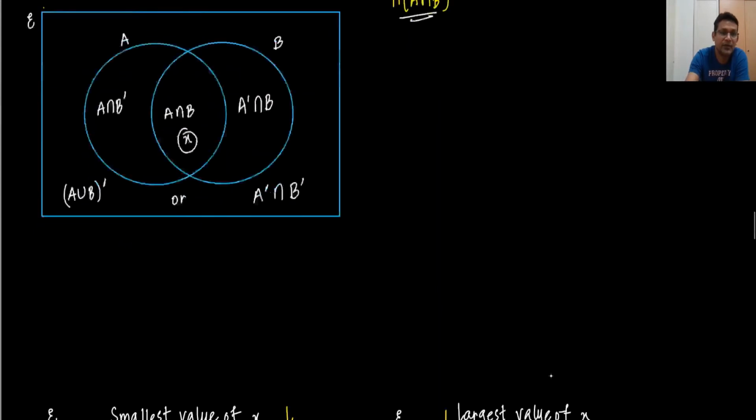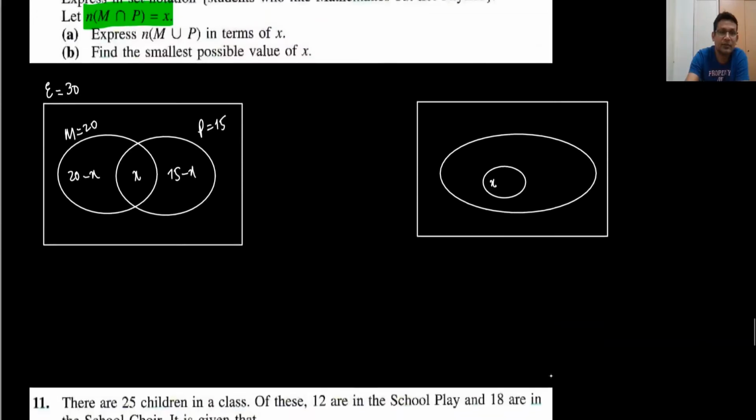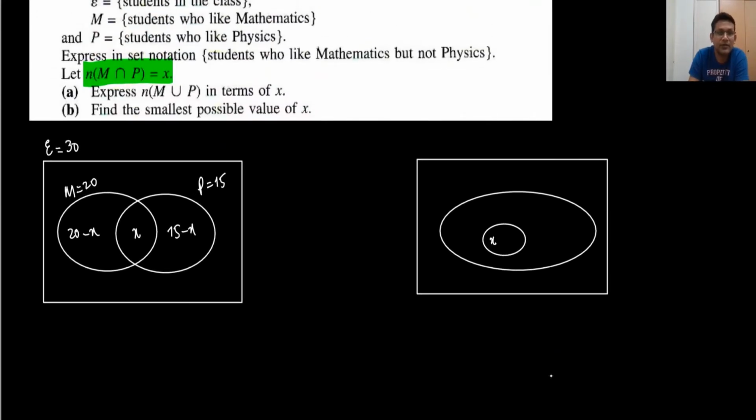Now, if you want to give the answer of this part, there is no problem. To express in set notation students who like mathematics but not physics, you write P complement intersection M.